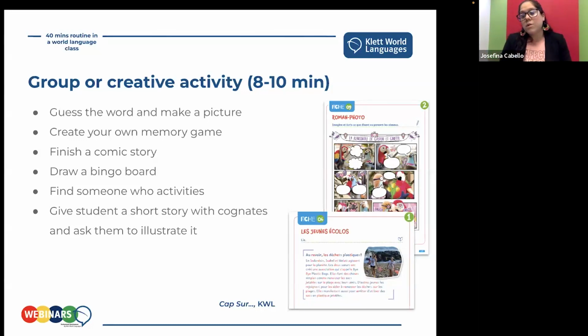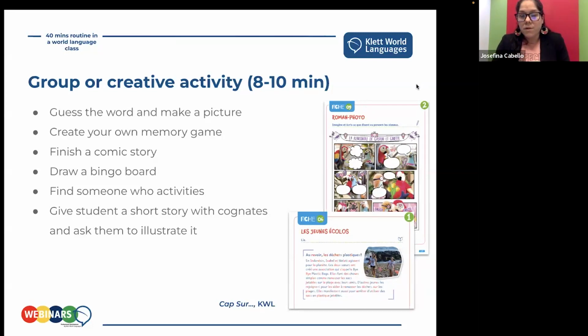Find someone who activities are very engaging, and they're also going to keep your students working and talking to each other, hopefully in the target language. But for find someone who activities, it's very important that you are monitoring them so they can stay in the target language.